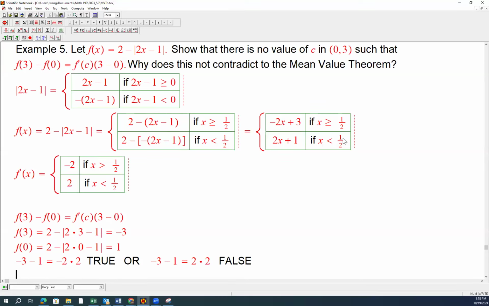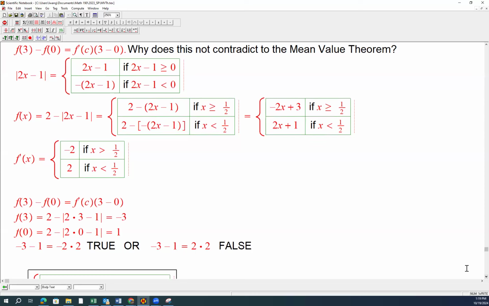For the function in 2 pieces, 2 minus that, and the derivative, does that mean C exists? We still cannot find C. There's no C value.